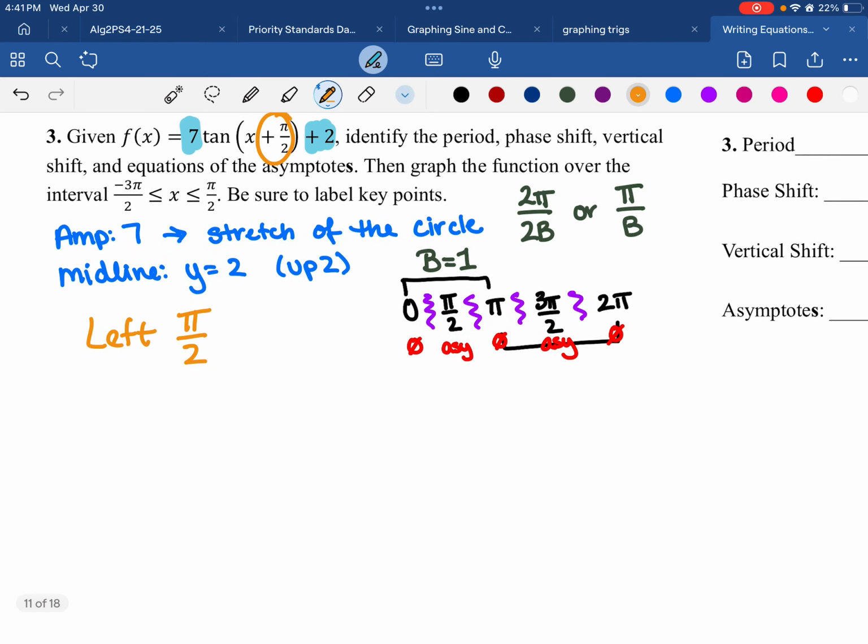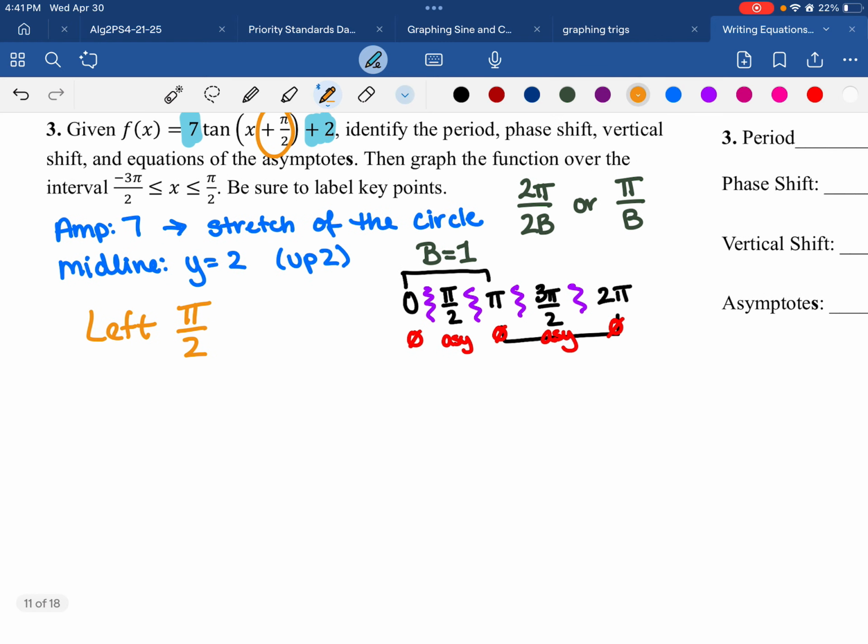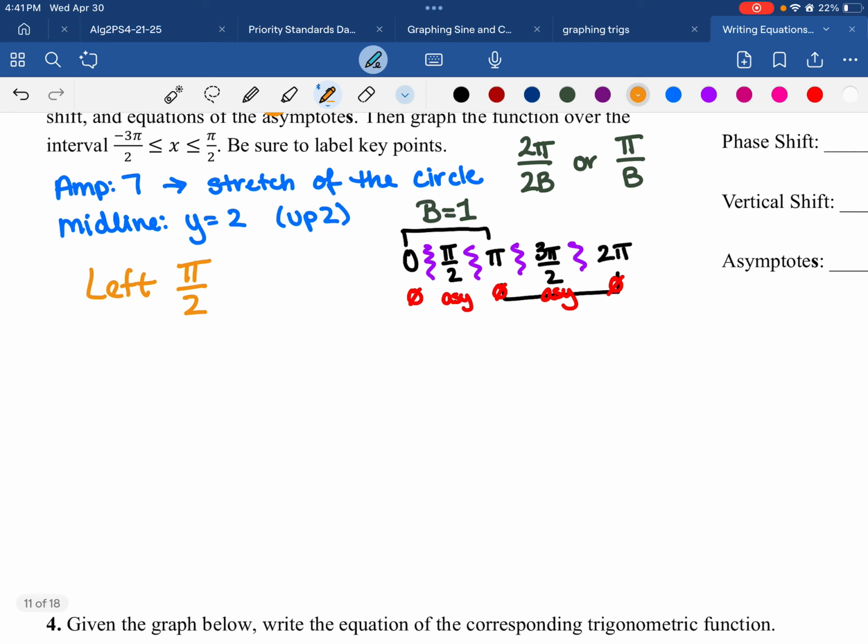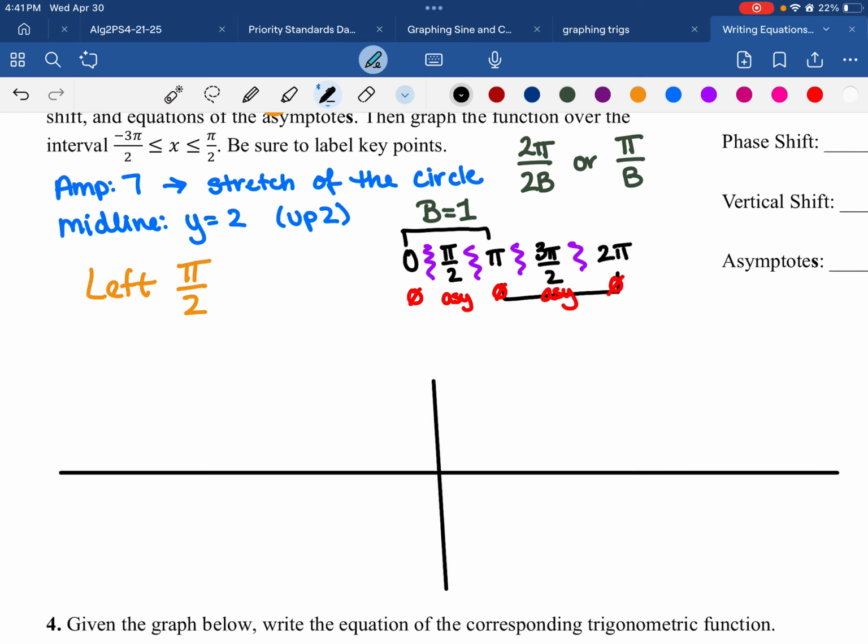And so I'm going to draw my graph, and I know I have my wonderful increments for my intervals. And so for my first part of the graph, I'm just going to draw lines, draw a y-axis, and I'm going to do ticks.